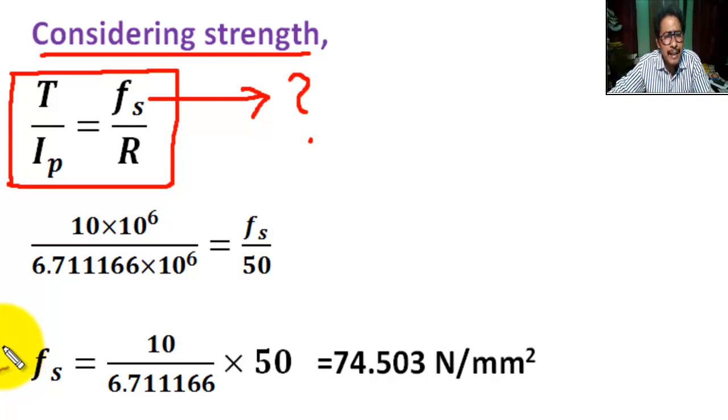From this relation, we calculate Fs, maximum shear stress induced, equal to 10 into 10 to the power 6 by 6.71166 into 10 to the power 6 into 50, equal to 74.503 Newton per millimeter square.